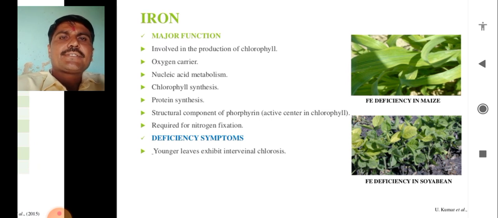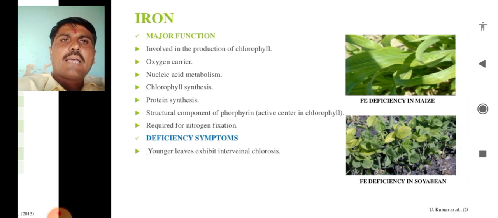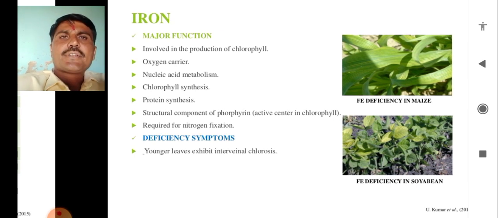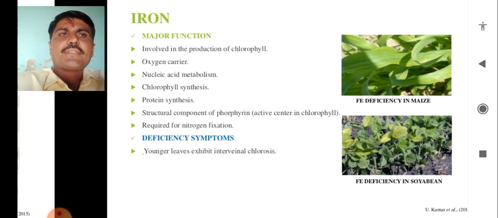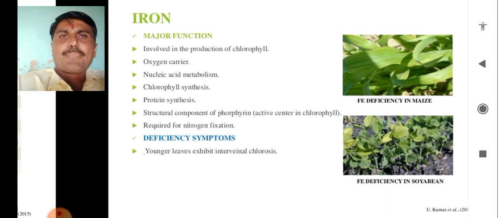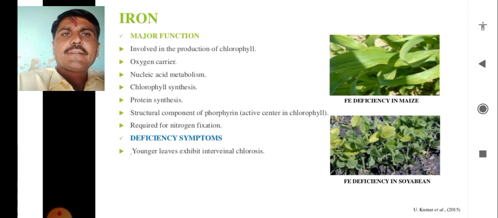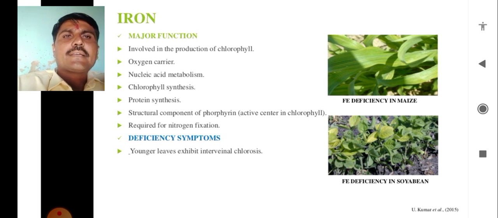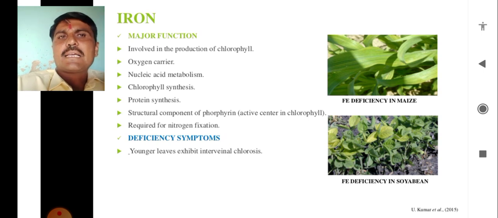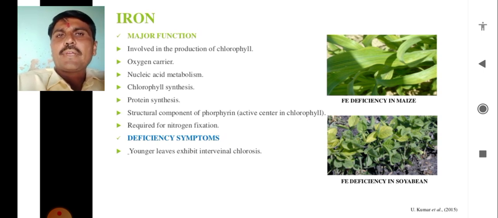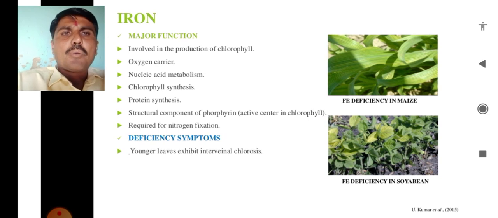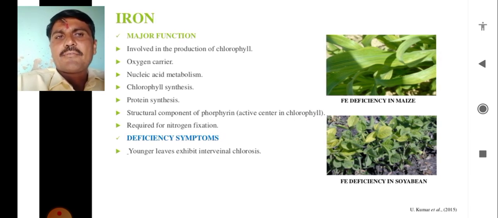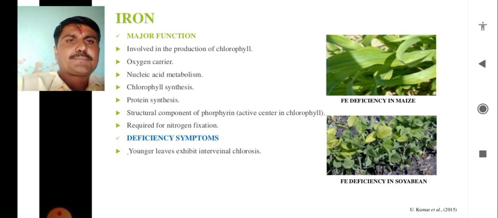See the major functions of iron: it is involved in synthesizing the chlorophyll pigment. It is an oxygen carrier, and iron helps in nucleic acid metabolism as well as chlorophyll synthesis, protein synthesis, and it is also required for nitrogen fixation.